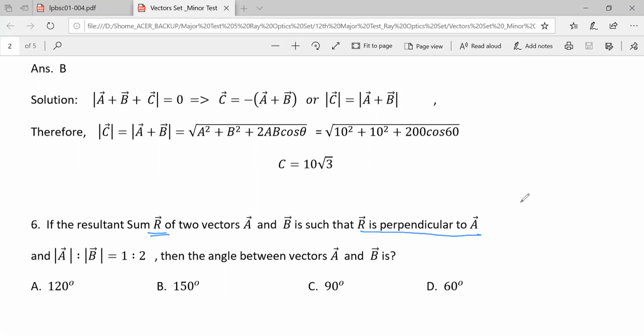So that means if this is the vector A, then the resultant sum must be the one which is perpendicular. So this must be the resultant of A plus B. So that means the vector B in this diagram must be this one. So vector B is the hypotenuse.